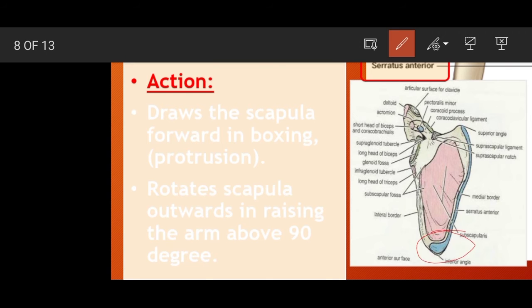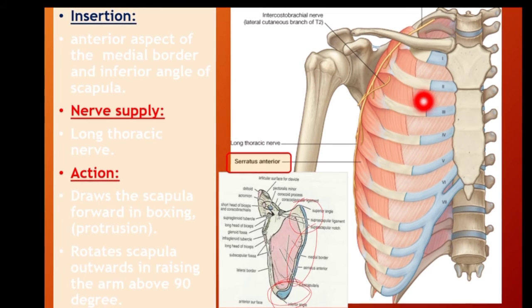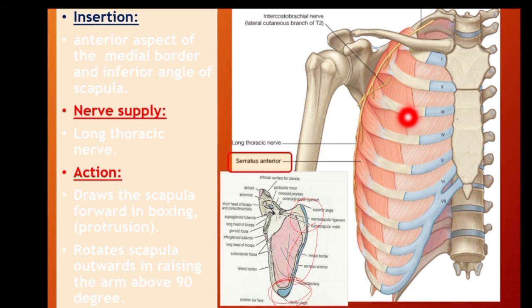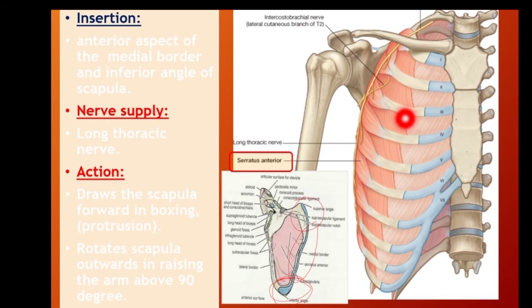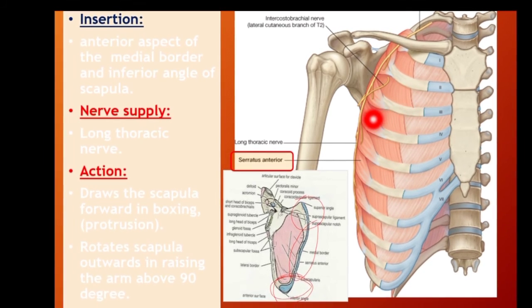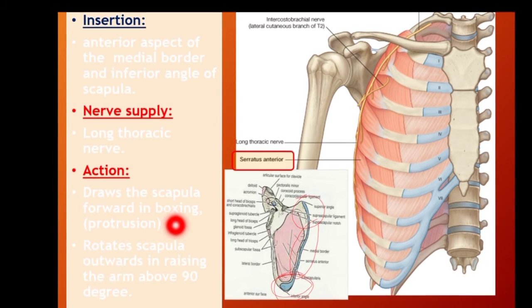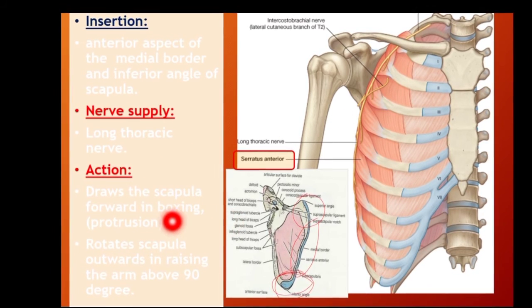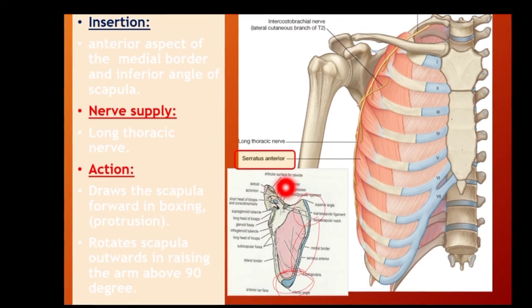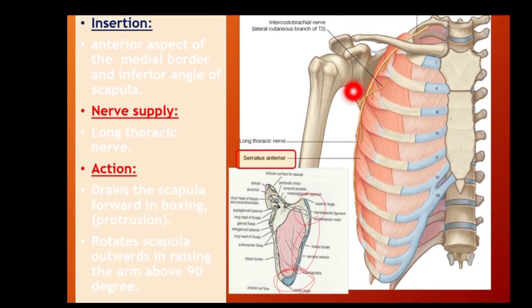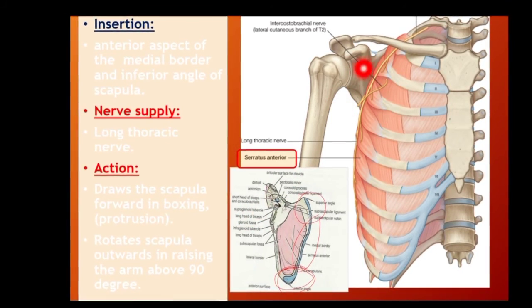The serratus anterior is known as the boxer's muscle, and it may not be strictly a muscle of the pectoral region. It draws the scapula forward in boxing, rotates the scapula outward, and helps in raising the arm above 90 degrees, right?